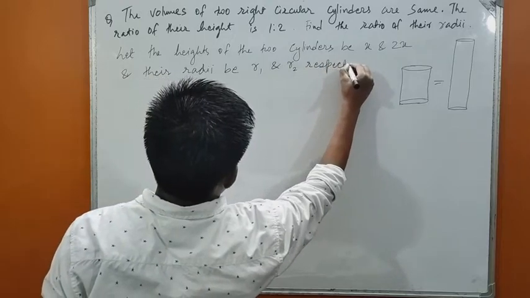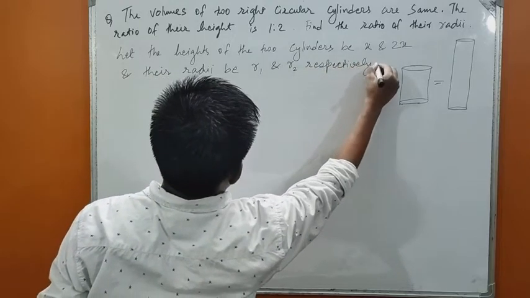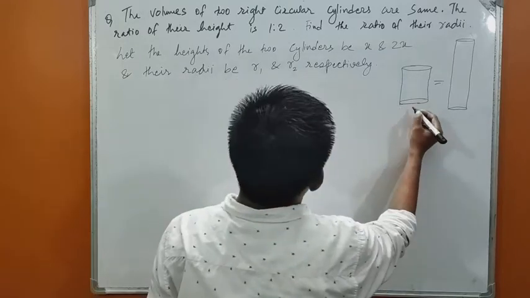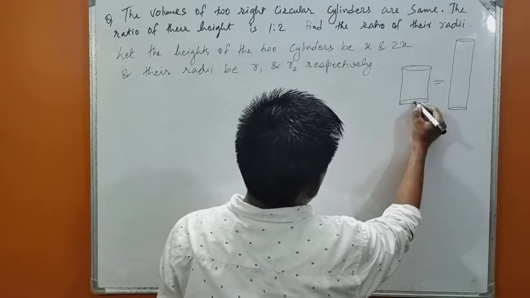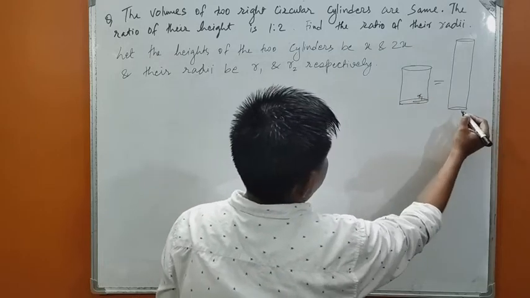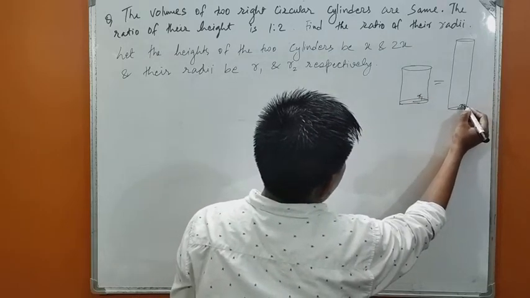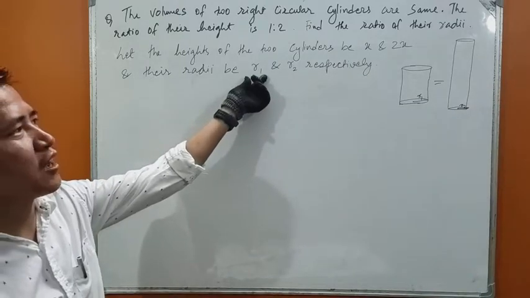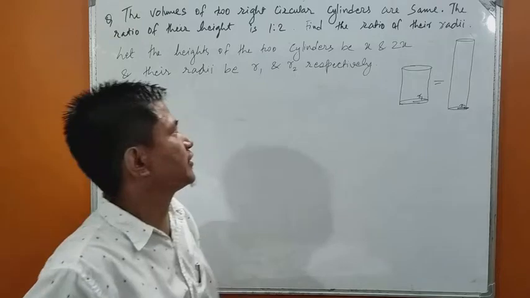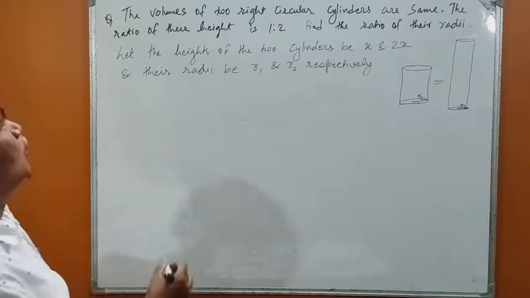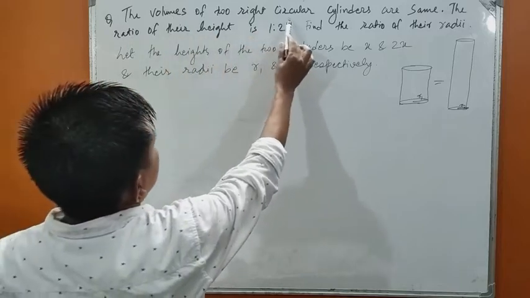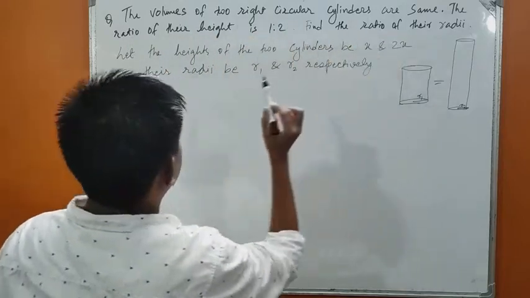The radius of the first cylinder is r1 and the radius of the second cylinder is r2. Now the question has given us that the volumes of the two right circular cylinders are the same, isn't it?